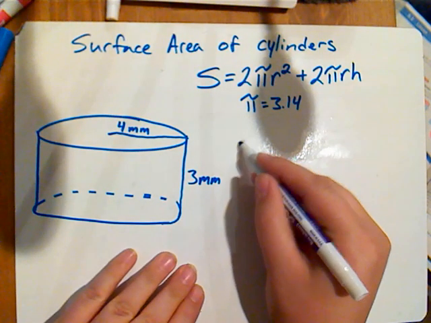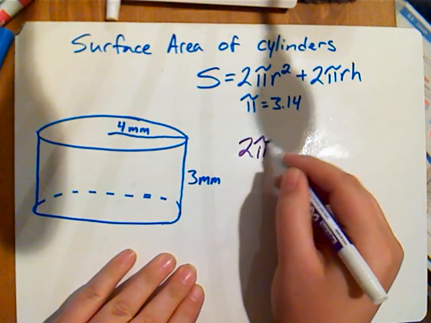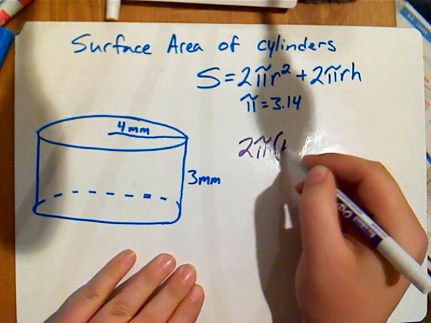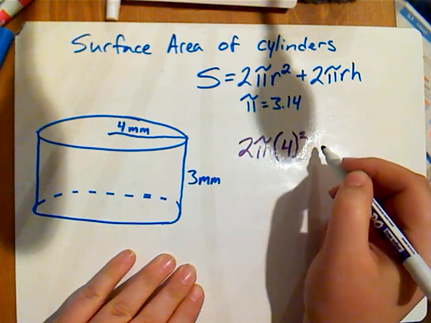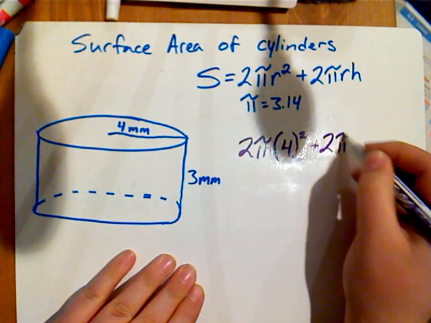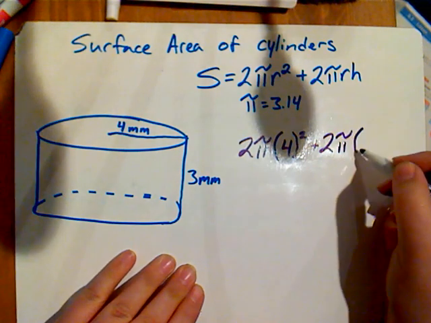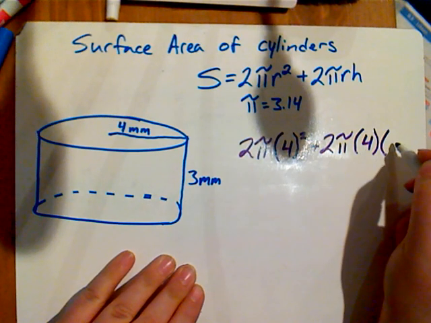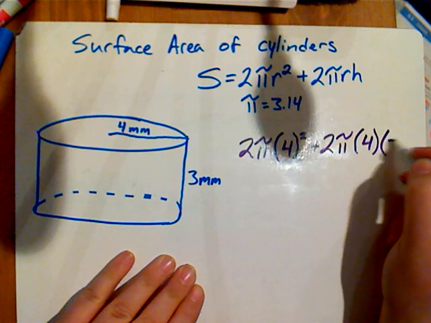So we have 2 pi, our radius is 4 squared, plus 2 pi times our radius again, which is 4, times our height, which is 3.